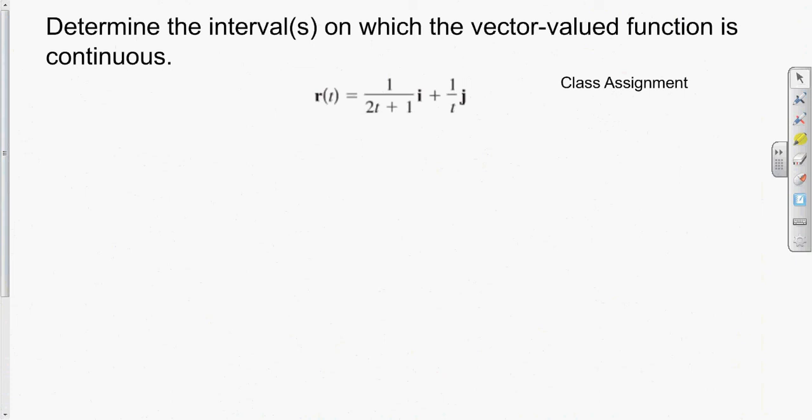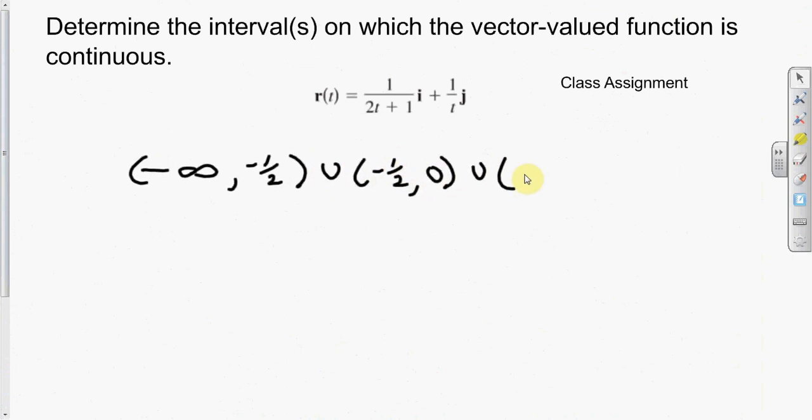Exactly. So t cannot equal 0, t cannot equal negative 1/2, correct? So you can write that if you want as from negative infinity to negative 1/2, union from negative 1/2 to 0, union from 0 to positive infinity.